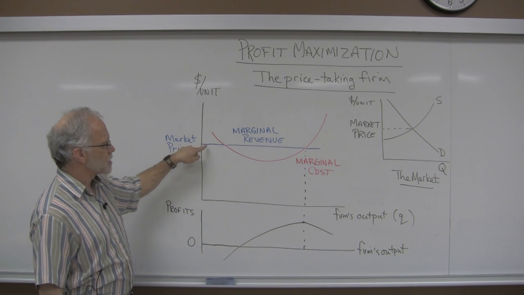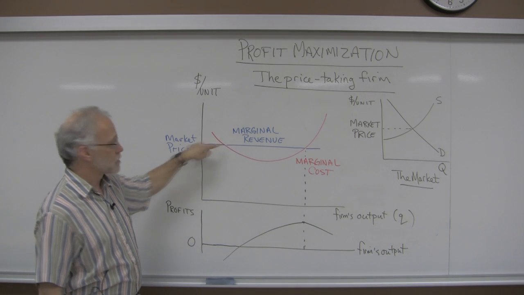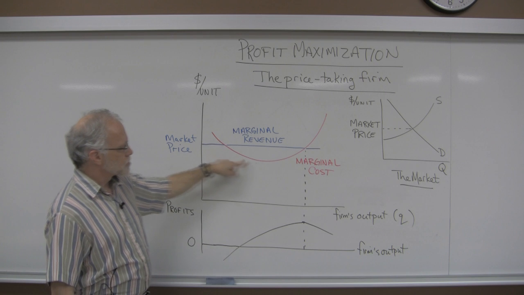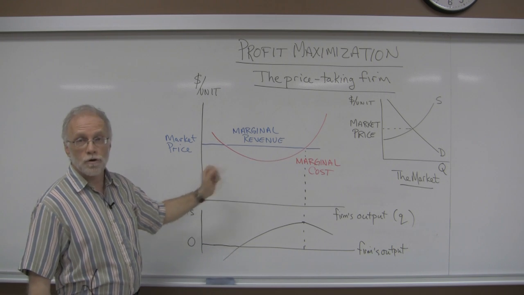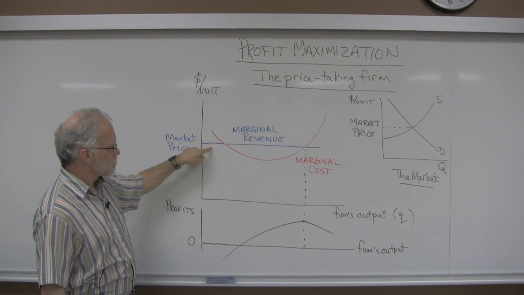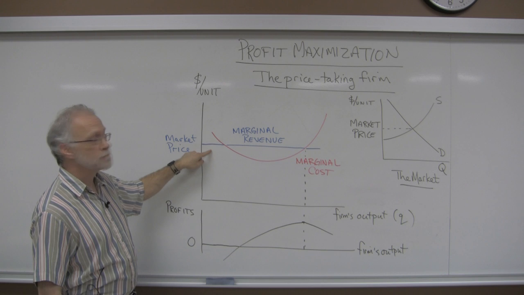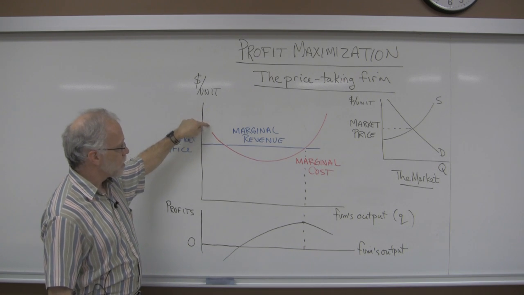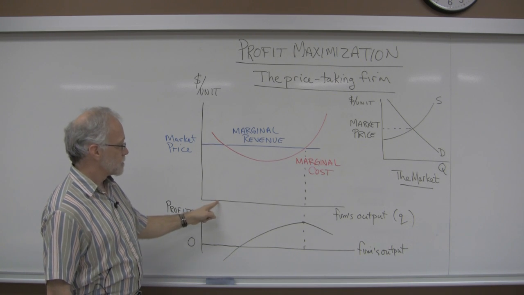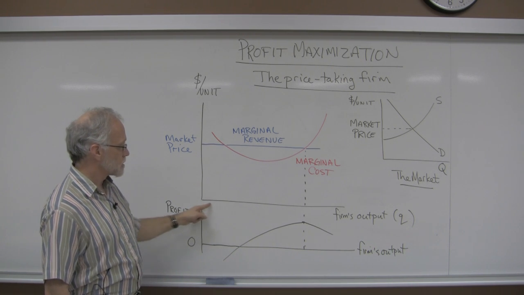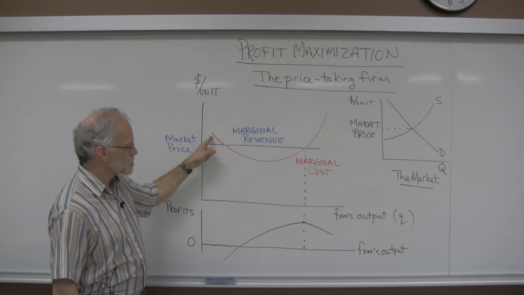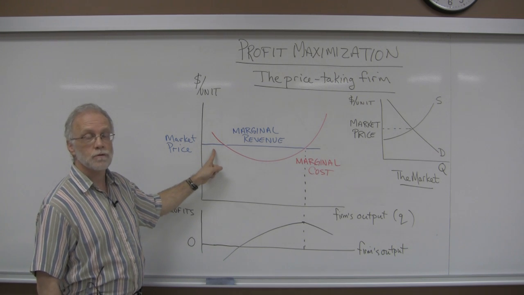If this market price tells us our marginal revenue, so our marginal revenue is this straight line that I explained a moment ago, and this is our marginal cost, then where should we produce? Well, you can see that in this range of output that I've drawn here, marginal costs are actually above marginal revenues. So that tells us if the firm were to produce a relatively small amount of output, the extra amount that it would be adding to its costs would be greater than what it's adding to its revenues.